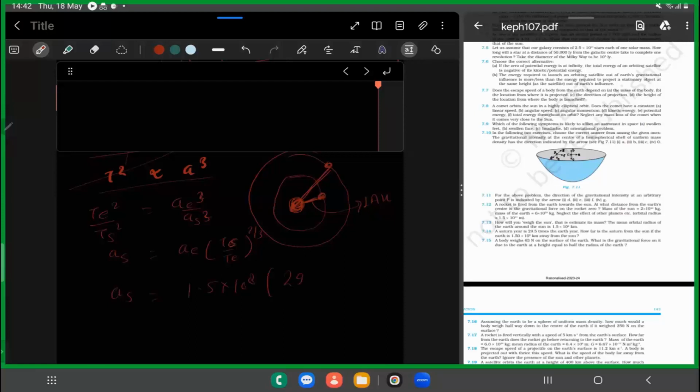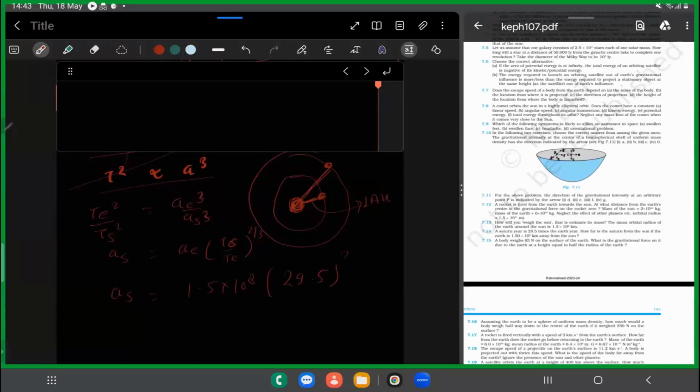And TS by TE is basically the ratio of the time periods of revolution. As the question says, the Saturn year is 29.5 times the Earth year. So that means Saturn takes 29.5 times as long as the Earth takes to revolve around the Sun.